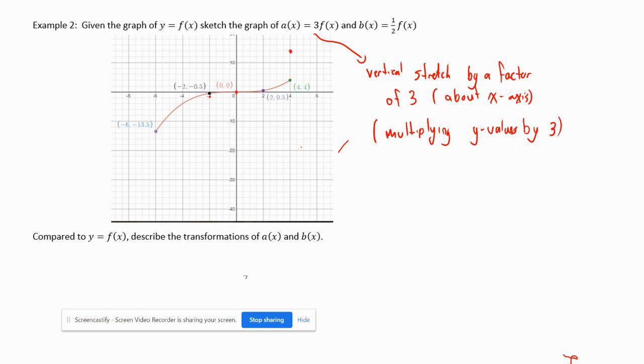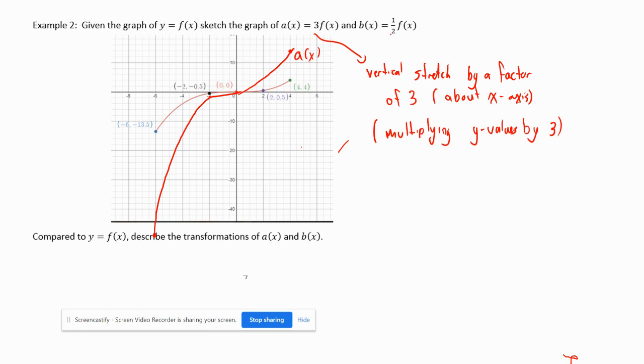Negative 13.5 times 3 is going to be negative 40.5, which is way down over here. So this graph is going to look like this, and this graph definitely stops here and here. This is a of x.